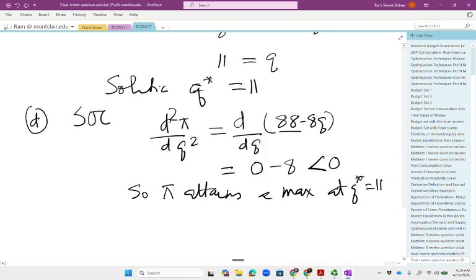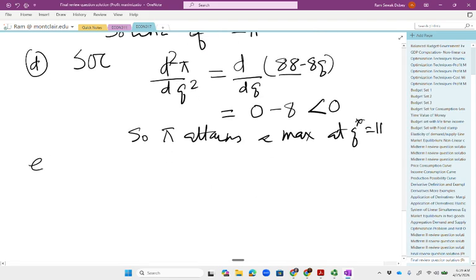In the last part, we will now compute the profit and the price. First, remember, this is a monopoly firm. So monopoly firms decide their own price given the inverse demand.